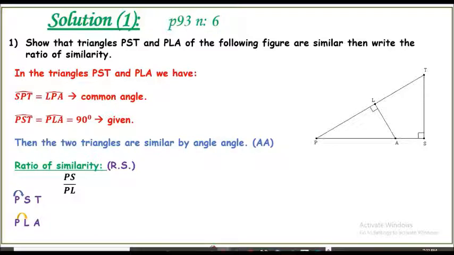We take now exactly the first and the third letter, PT over PA. And the third ratio is ST over LA. So this is the ratio of similarity.